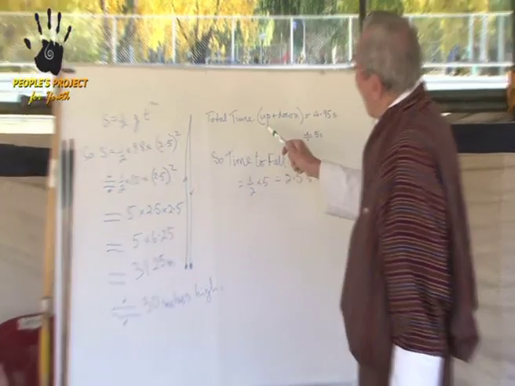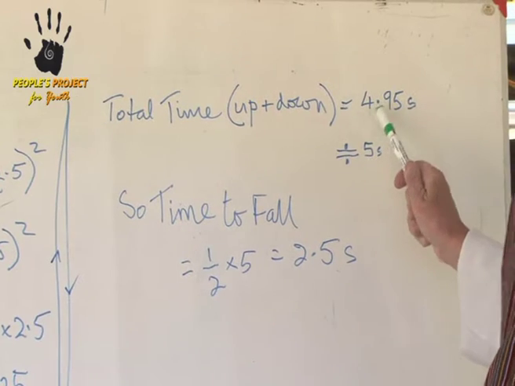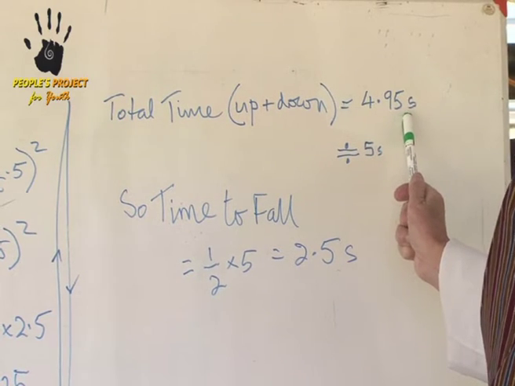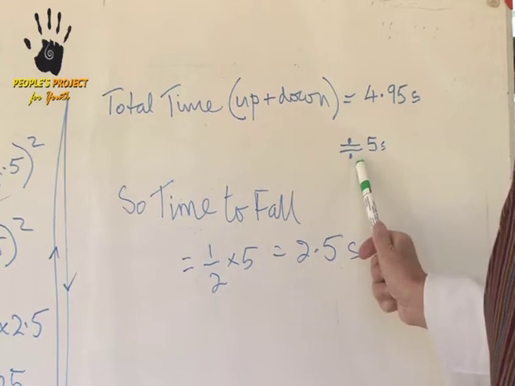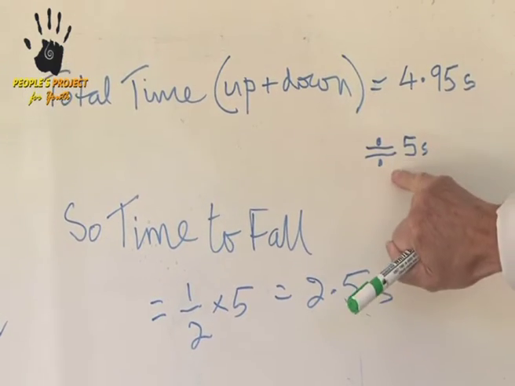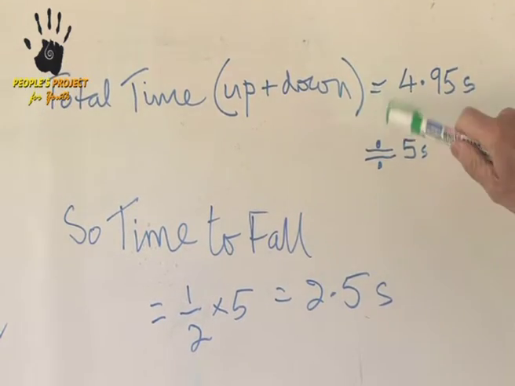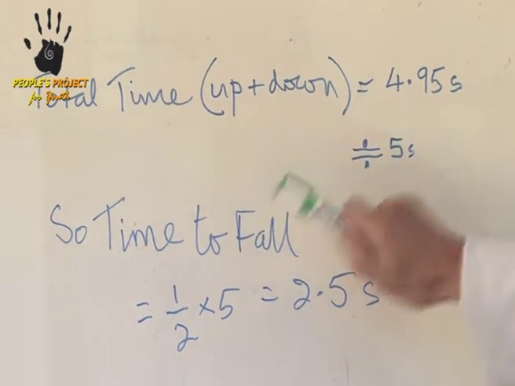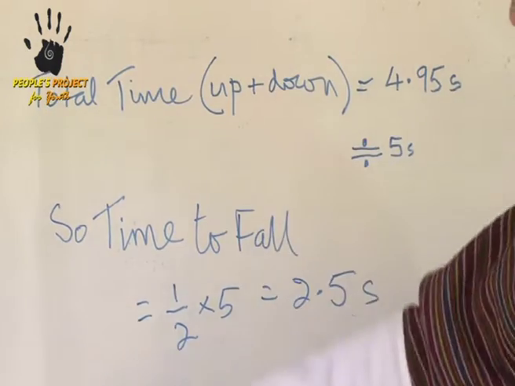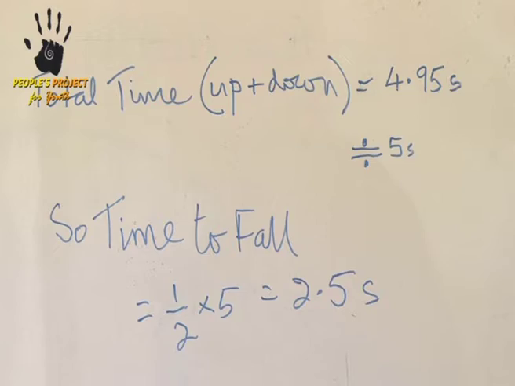The total time up and down was measured at 4.95 seconds. Well, 4.95 is approximately 5 seconds. You know the equal sign with a dot above and below means approximately equal to. So the time up and down, about 5 seconds.